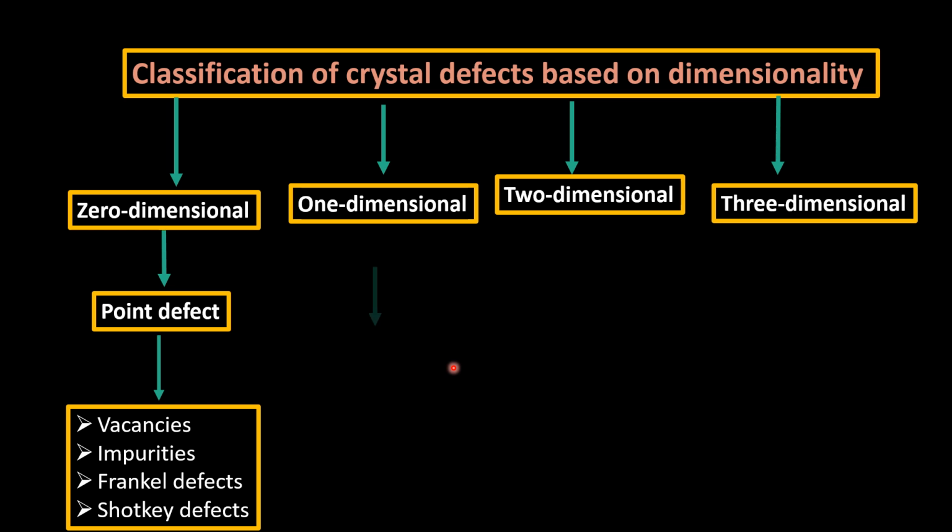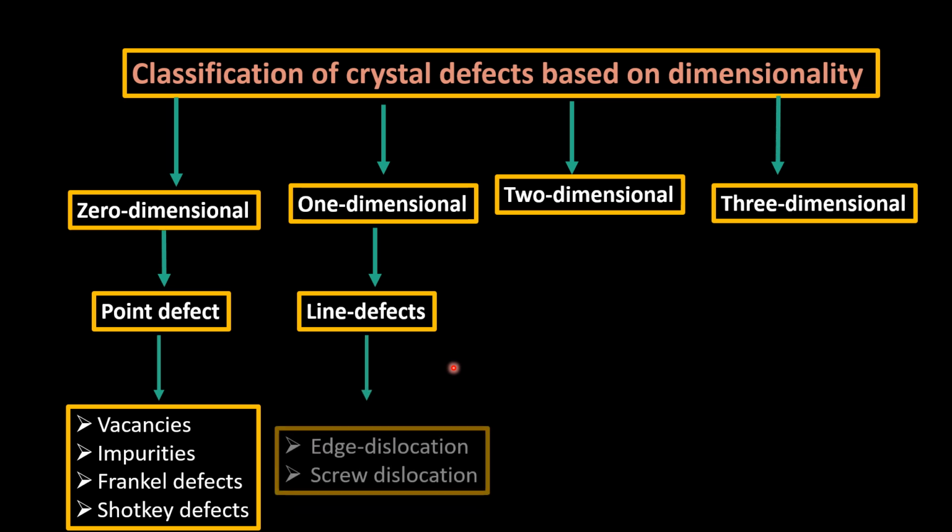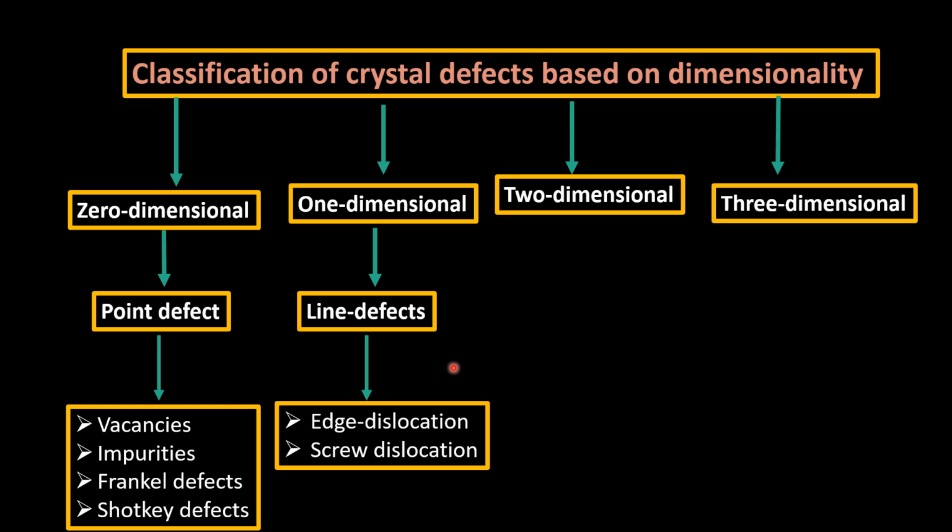And one-dimensional defects are called line defects. That is, these are along the lines. So these line defects include dislocations, like edge dislocations or screw dislocations. In the coming slides, we will discuss in detail what edge dislocations and screw dislocations are.